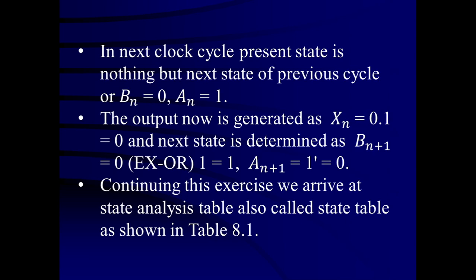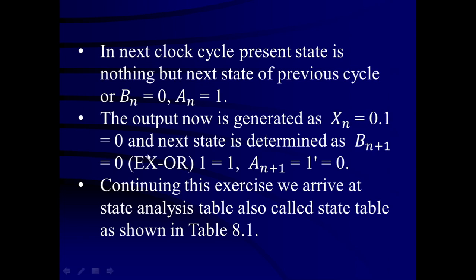So before the second clock pulse occurs, the previous next output Bn plus 1 becomes Bn, and Bn plus 1 was 0, so Bn is going to be 0. And An plus 1 was 1, so An is going to be 1 before the second clock pulse. So this becomes the present state before the second clock pulse.